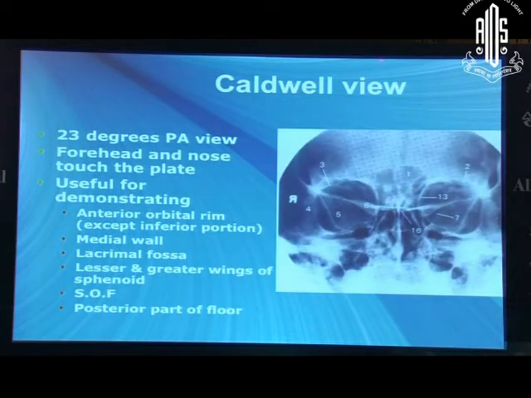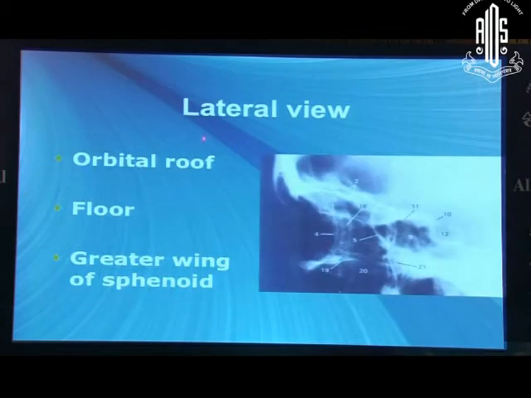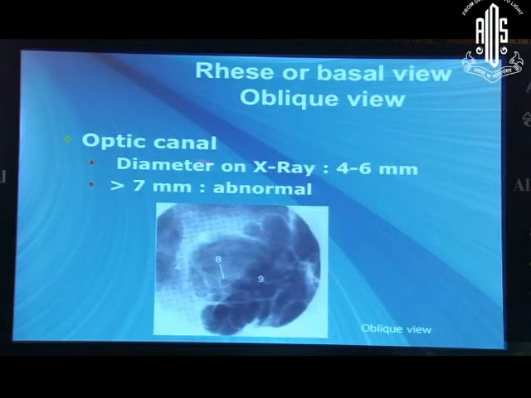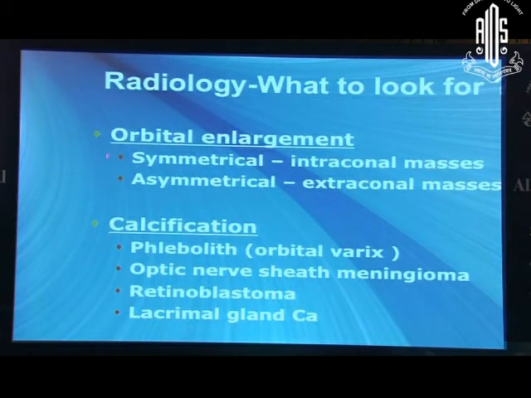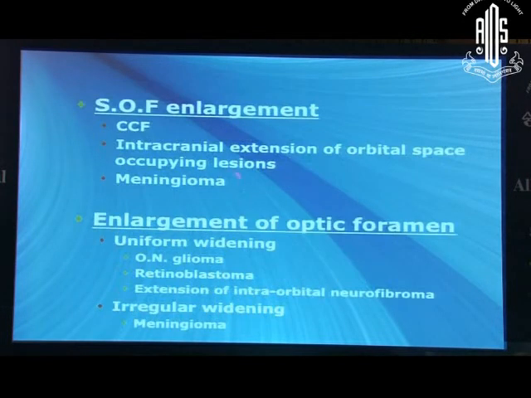You need to be aware of the basics of what the Caldwell's view, Waters view, lateral view, and the optic nerve view are, optic canal view. These are the basic radiological views that were taken, and the information that they give you regarding the generalized enlargement, presence of calcification, presence of enlargement of the superior orbital fissure, or the optic foramen, either a uniform one or an irregular one.